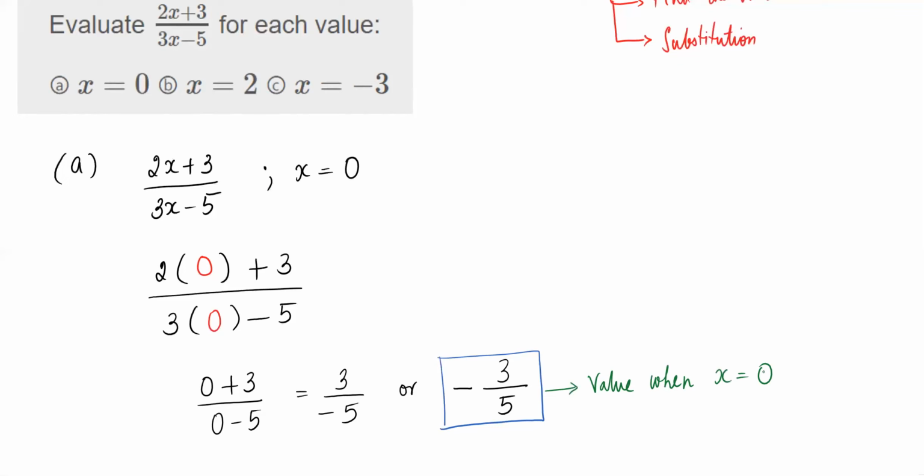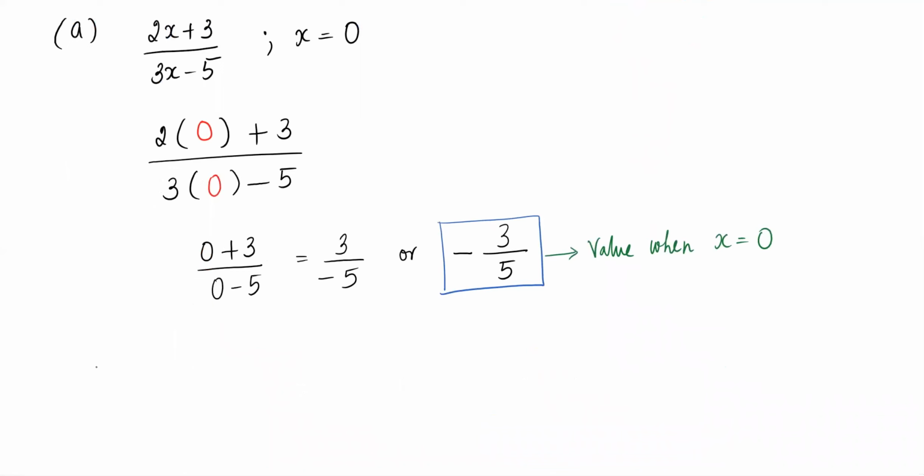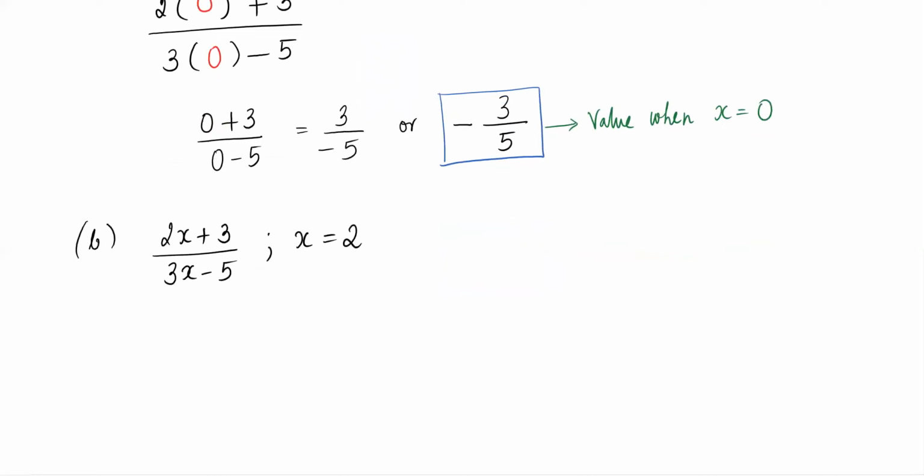So at this point, you could race ahead and wait for me to catch up with you. Okay, x equals 2. Let's write that down. Same expression. X equals 2. Okay, once again, let's write this with shells for x.